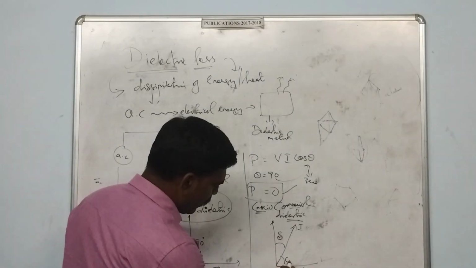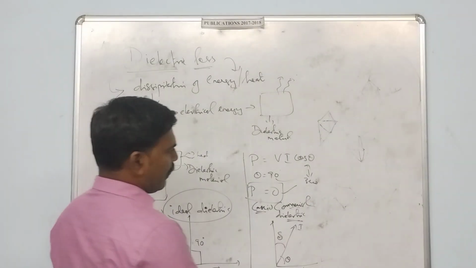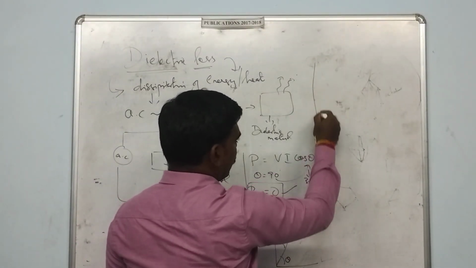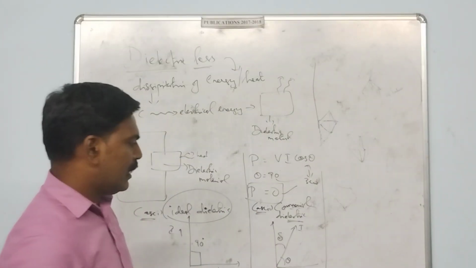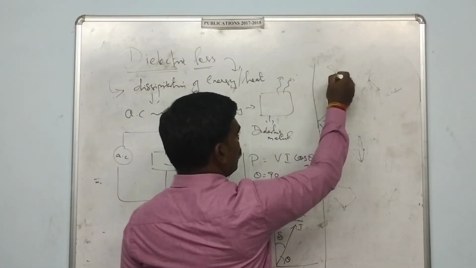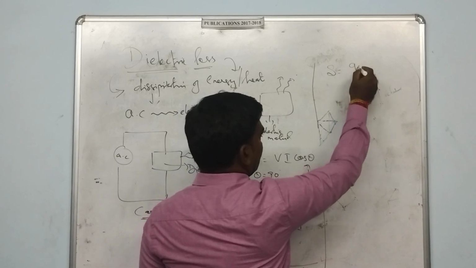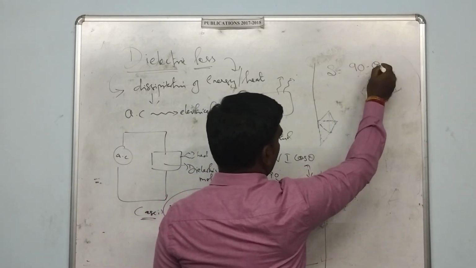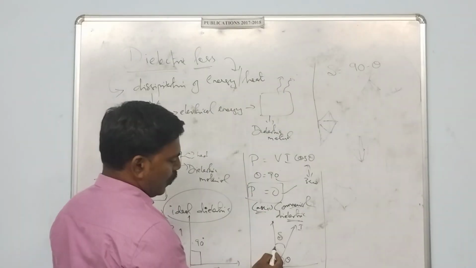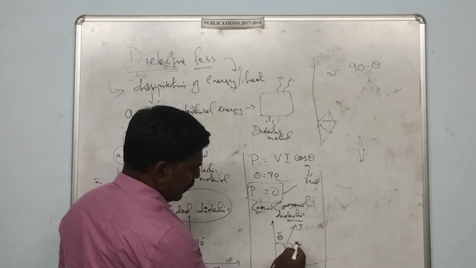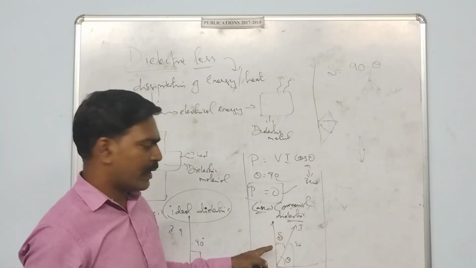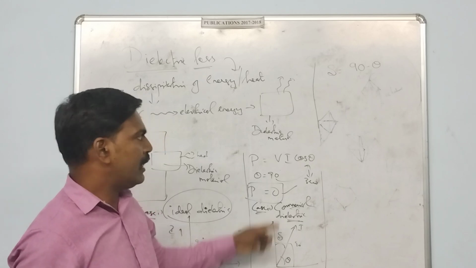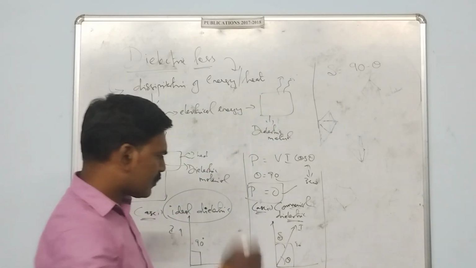So this is theta. From this diagram we find the phase angle del equal to 90 minus theta. You subtract theta from 90 to get the del value.